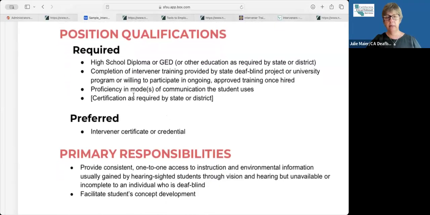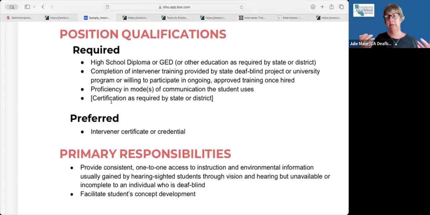So as you can see, an intervener is someone that would have many of the same requirements of a paraeducator, but a key thing is they will have had completion of some intervener training. They also should be proficient in the mode of communication that the student uses. And then, California, as of today, does not have any specific certification.